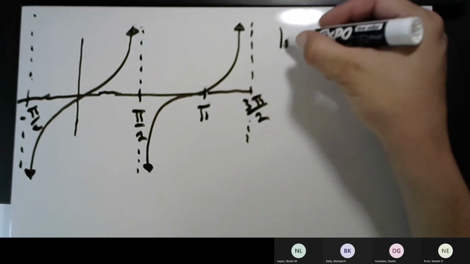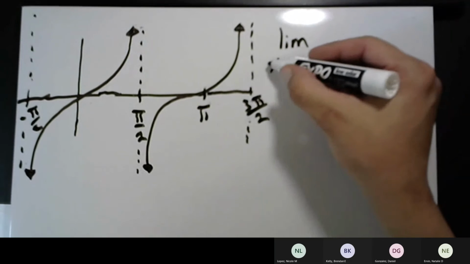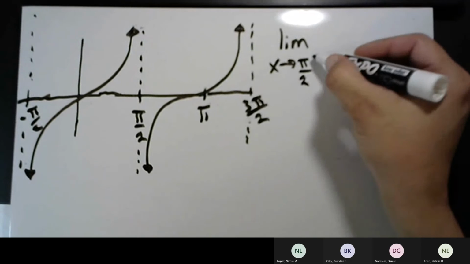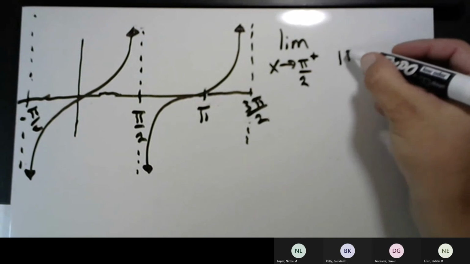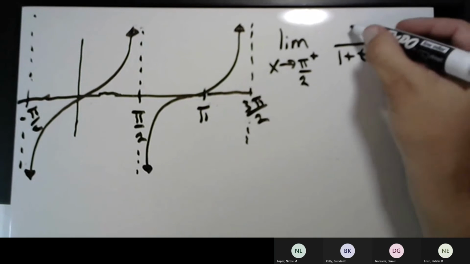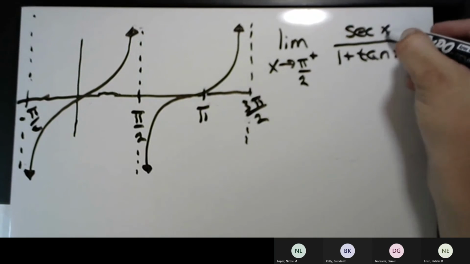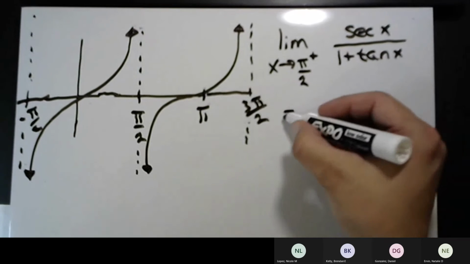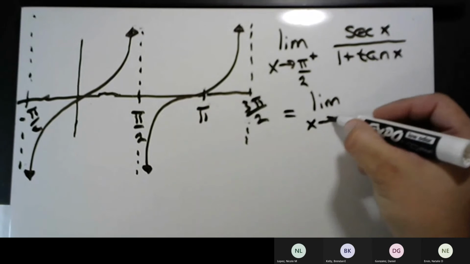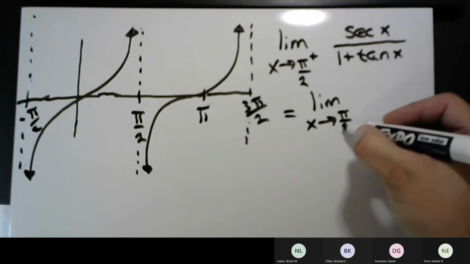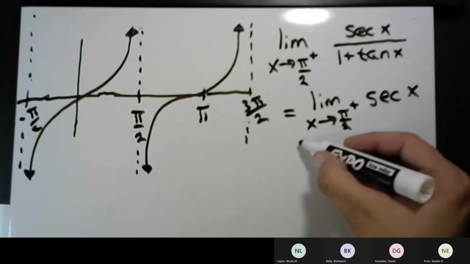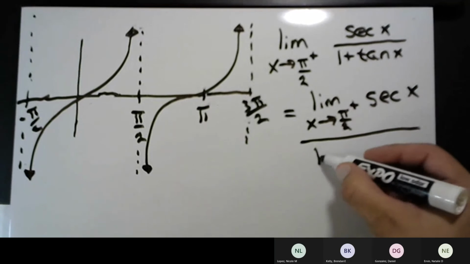So what this means is that if we take the limit, break up the limit of the ratios, the ratio of the limits.